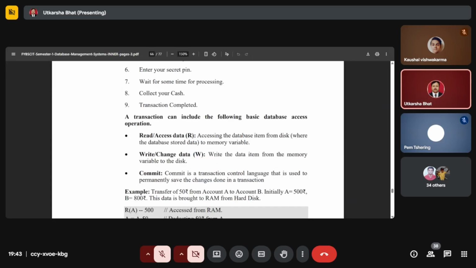These transactions have some basic database access operations. First is read or access data: accessing the database item from a disk, where the database stored data to a memory variable.